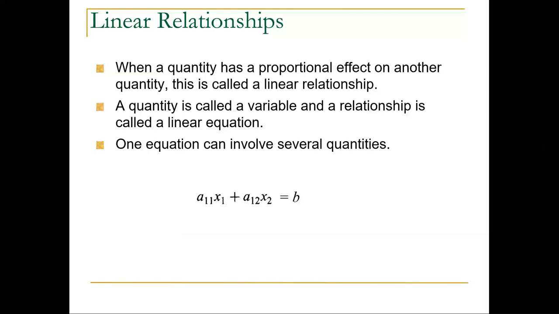So this one equation has two. This is the simplest type of linear equation. It must have at least two variables. If an equation doesn't have two variables, it's not an equation. It's a constant. X equals something. That's a constant, or it's not a relationship. So the simplest linear system must involve two variables, or we say two quantities.